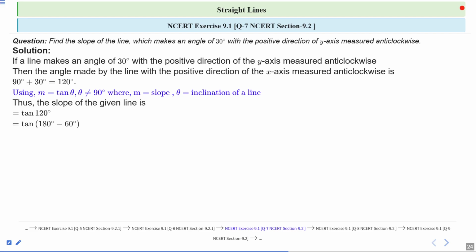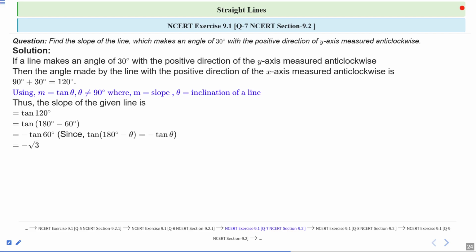So you can write tan 120 degree as tan of 180 degree minus 60 degree. And as we know, tan of 180 degree minus theta is basically minus tan theta. So tan of 180 degree minus 60 degree is equal to minus tan 60 degree. And the value of tan 60 degree is basically root 3.